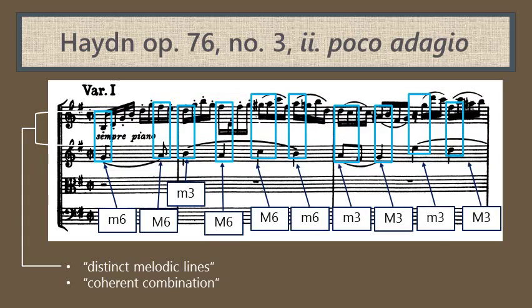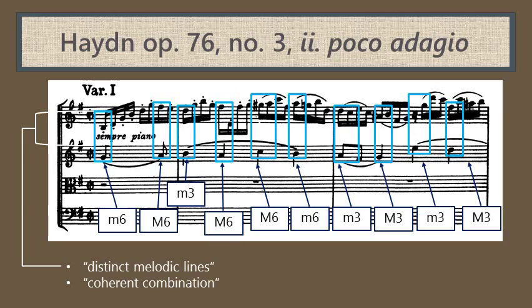And indeed, if we look at the relationship between all of the other notes, we see that they all line up to form sixths or thirds of some kind, just as we would expect in consonant-sounding tonal music. So in other words, we have a coherent combination of sounds. Distinct melodic lines, coherent combination. Here is a great example of two-line counterpoint.